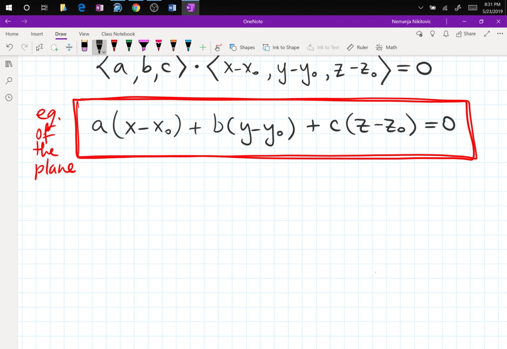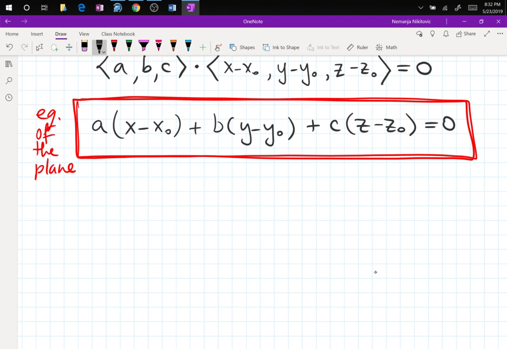We can simplify this a little bit by distributing A, B, and C, and then using Ax0, By0, and Cz0, those are all numbers.